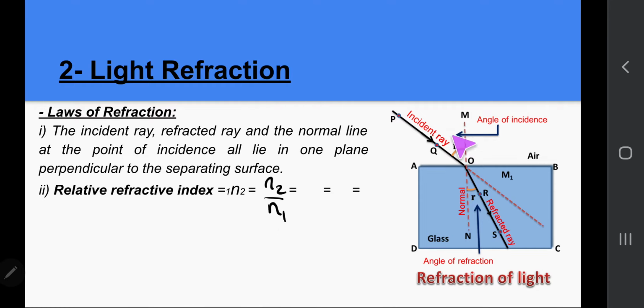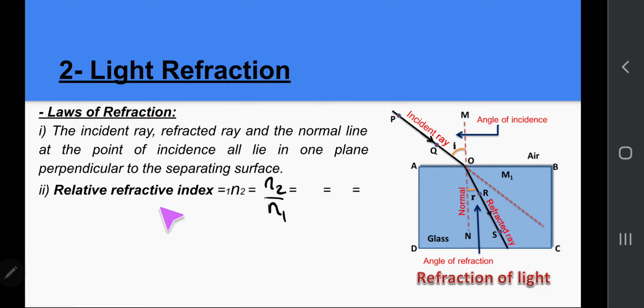I mean when light travels from air to glass, the absolute refractive index for glass N2 divided by the absolute refractive index of air N1, which is approximately equal to 1, gives the relative refractive index. Okay, N2 over N1 equals N1,2, the relative refractive index.